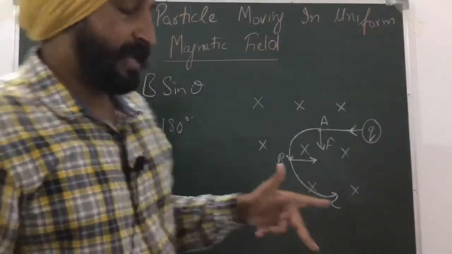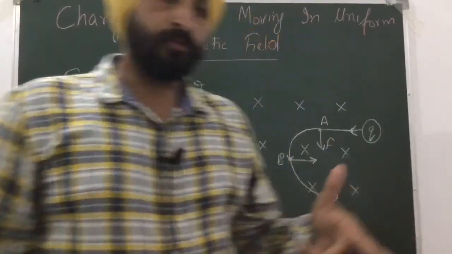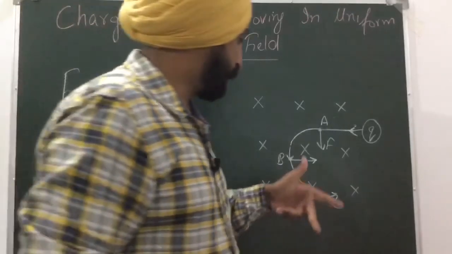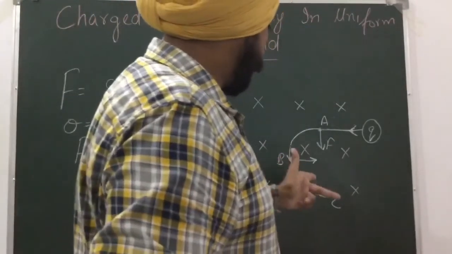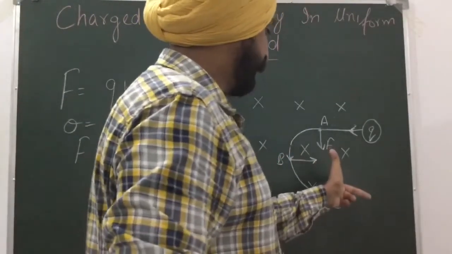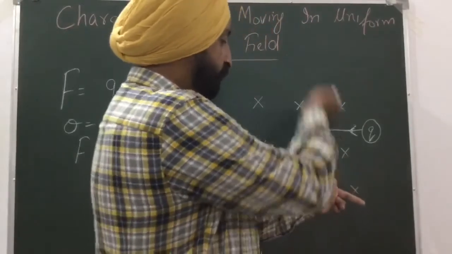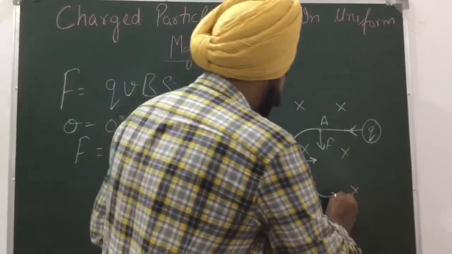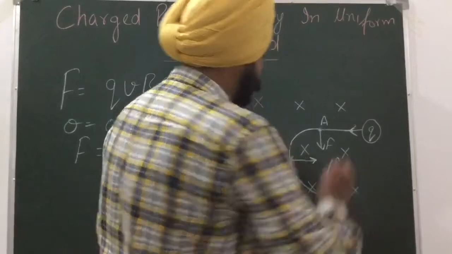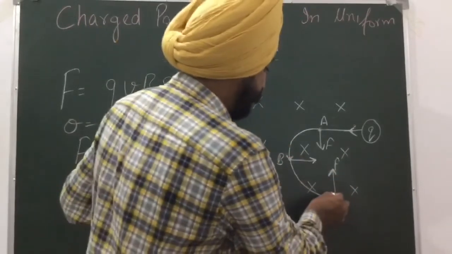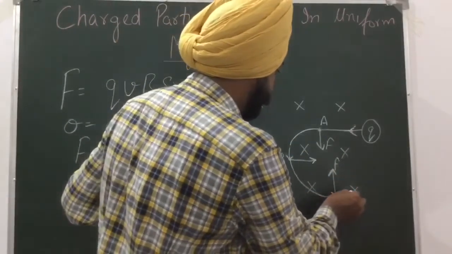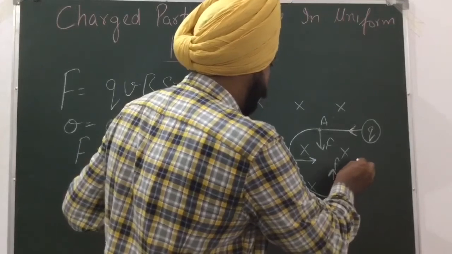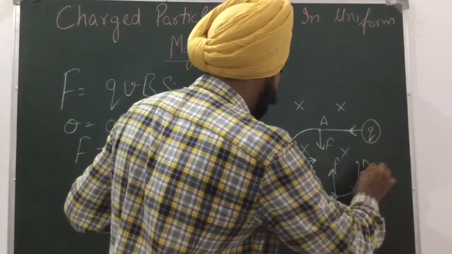So again applying the left hand rule to calculate the direction of force, the velocity is in this direction, the magnetic field is inward, and the force that it will be experiencing is in the upward direction, F force. Now due to this force, this charged particle will bend in the upward direction and it will reach a point, let this point be D.